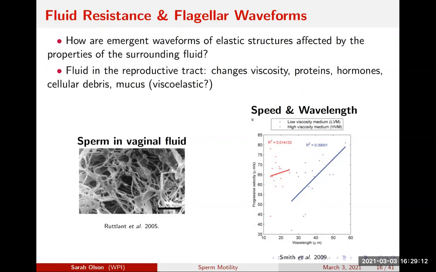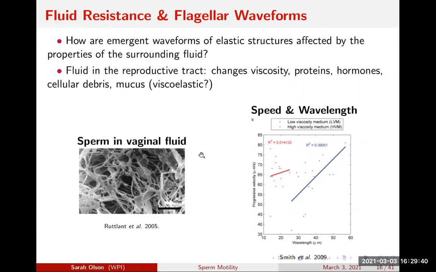So a standard Stokes equation fluid, certainly being homogeneous, is not really capturing everything that's going on. So we wanted to think about, in a really simplified modeling framework, how we can capture some of these different types of fluids.